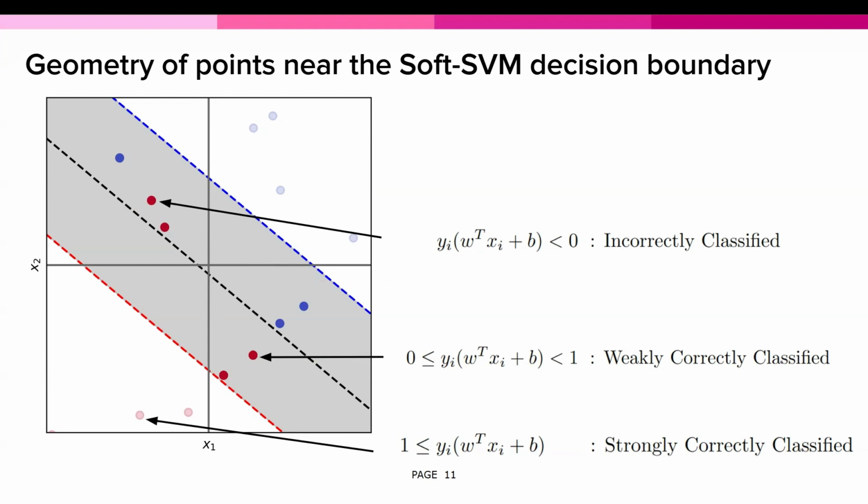If the product is greater than 1, then the point is strongly classified and lies really far away from the margin. So in this lecture, I'll occasionally use the terms strongly, weakly, and incorrectly classified to describe these three cases.